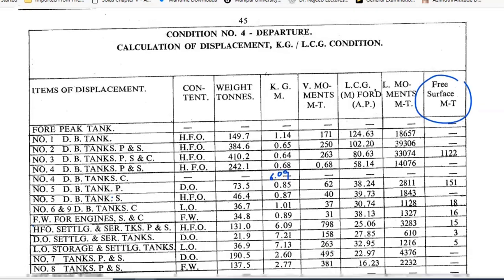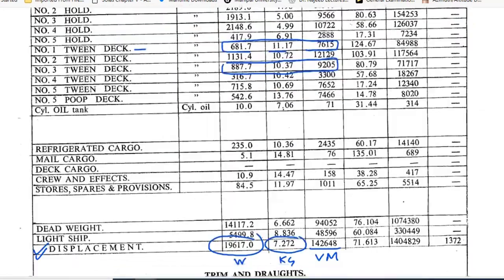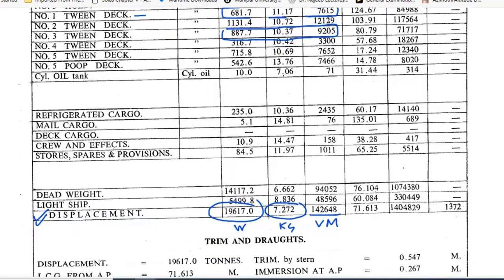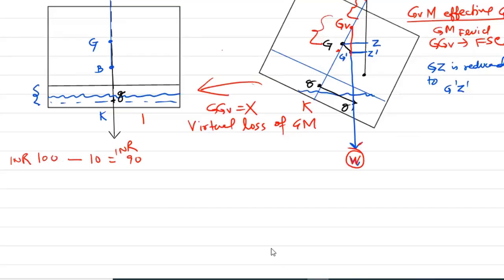In condition number 4, what is the free surface moment? 1372. Let's write it down: free surface moment, condition number 4, is 1372 metric ton.